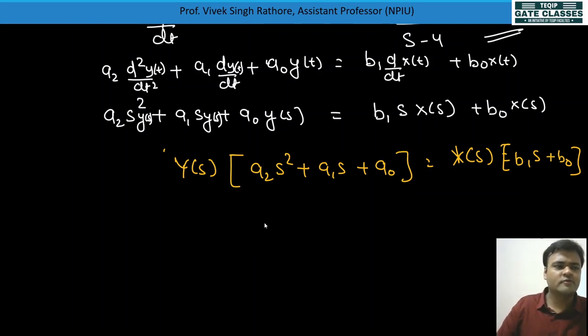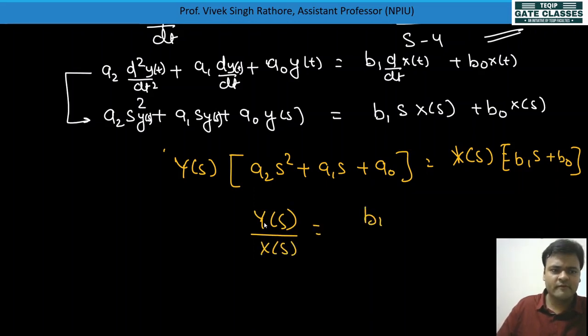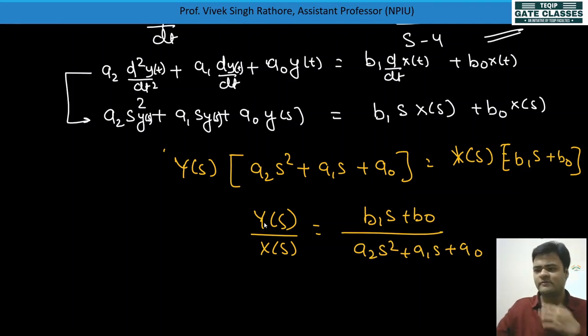So this is the method to write a differential equation in the time domain, and likewise in the frequency domain. If you need the impulse response, you just need to solve b1 s plus b naught by a2 s square plus a1 s plus a naught. This is the expression we'll get.